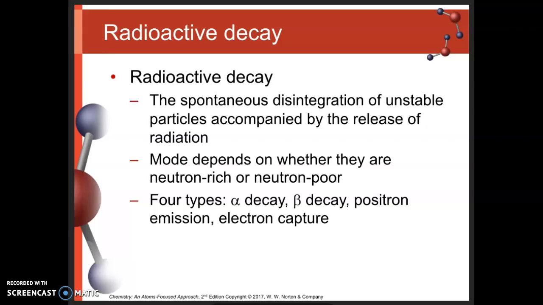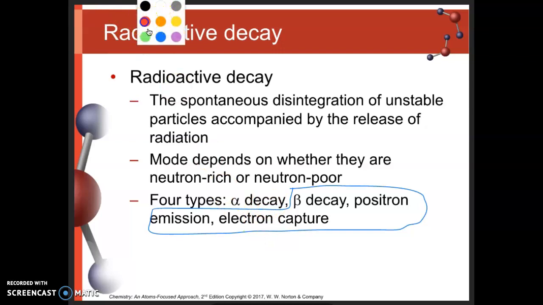Now, remember our band of stability from the previous video: our mode of radioactive decay depends solely on whether we are dealing with nuclei that are neutron rich or neutron poor. As far as these types of decay are concerned, beta, positron, and electron capture are the ones dictated by neutron rich and neutron poor.